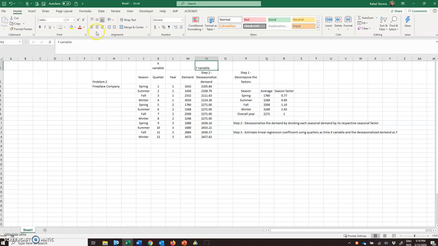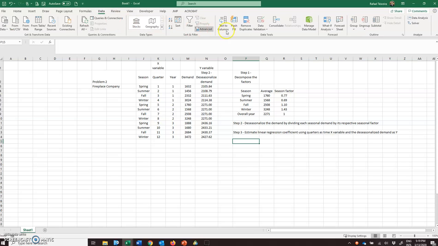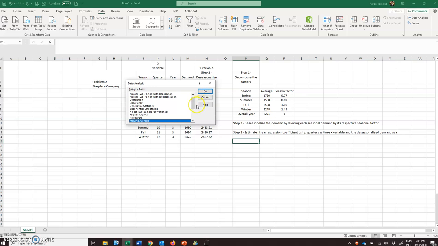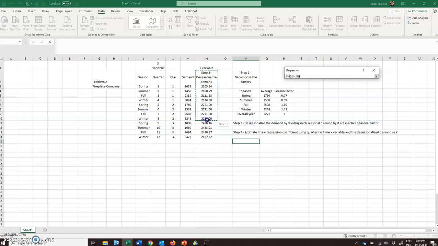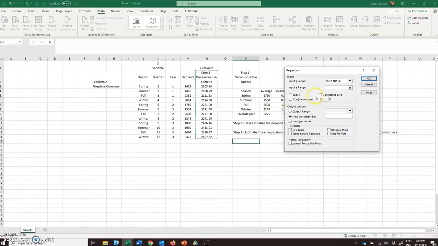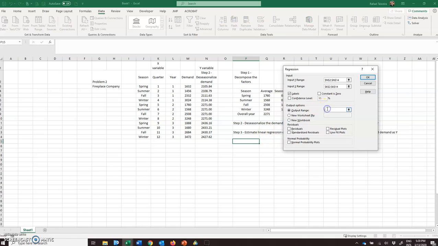Remember, you learn regression analysis in class, so we're going to use data analysis. And then I'm going to select regression, okay, and then input your y range. My y range is my seasonalized demand from step 2. What is my x variable? Is quarters. I hit labels because I select the labels, and I'm going to now put the data.